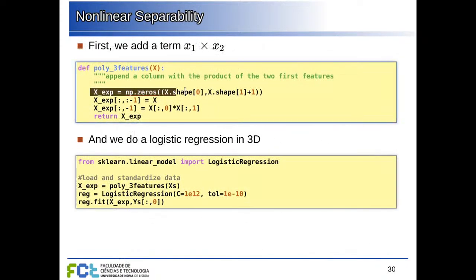We can create a new matrix that has one more column than the original data. We copy the original matrix for everything except the last column, and in the last column we put the product of the two features that we have.